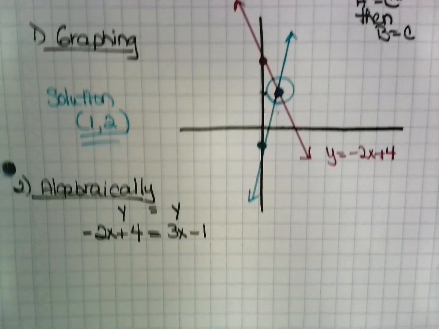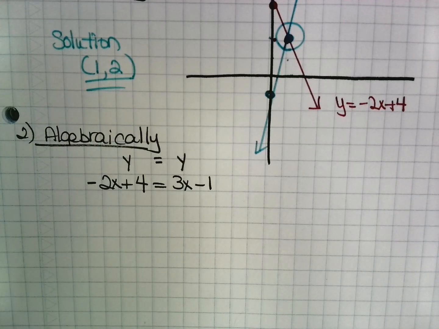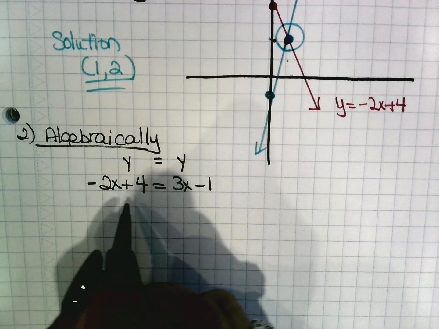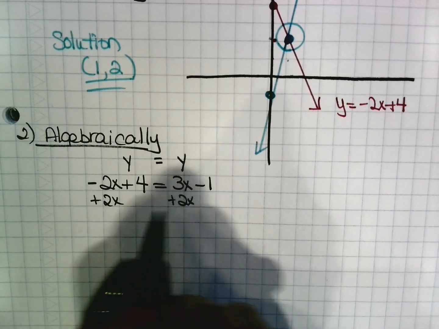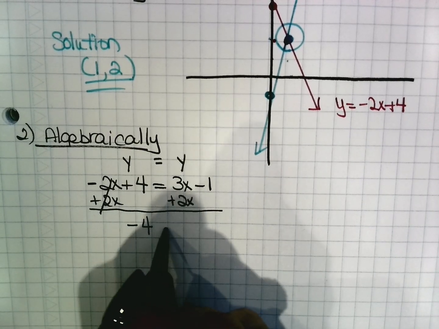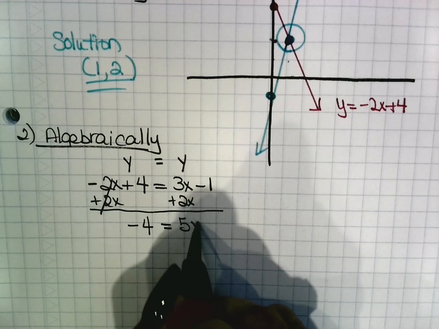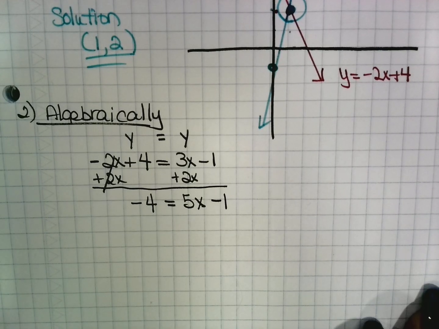All right, so once we have this set up, now we're just going to solve for x. Really easy. I'm going to add 2x to both sides. It doesn't really matter how you do this as long as you move your x values to one side and your constants to the other.